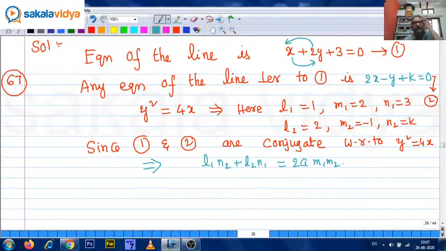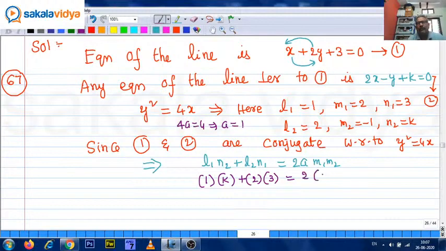So let us substitute now. L1 is 1, N2 is k, L2 is 2, N1 is 3. 4a is 4, so a is 1, 2a means 2, M1 is 2, M2 is minus 1. k plus 6 equals minus 4. k equals minus 10.